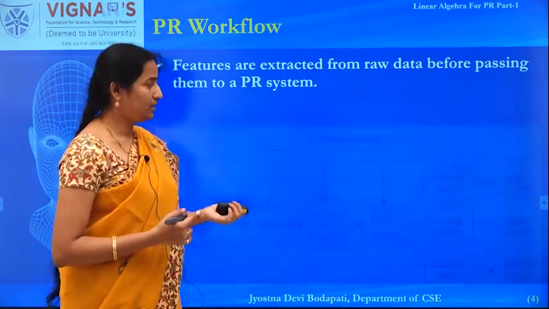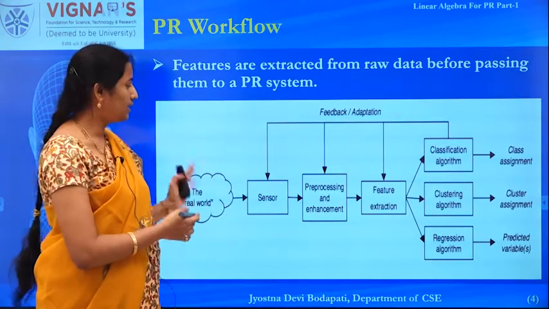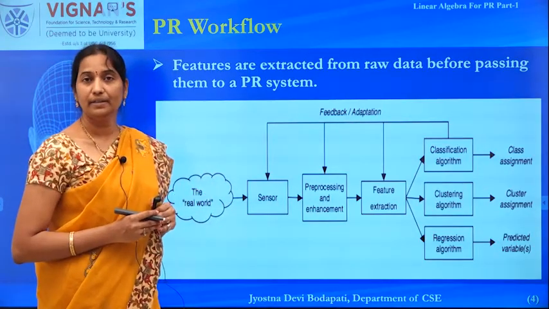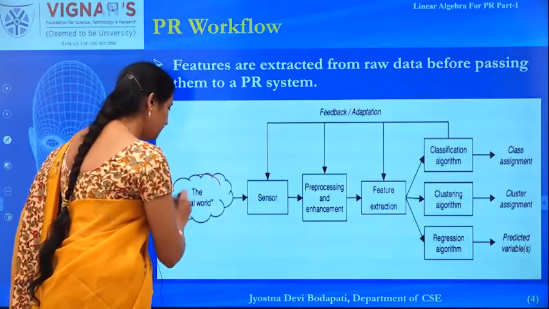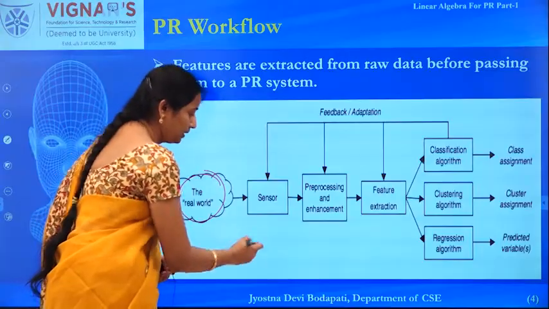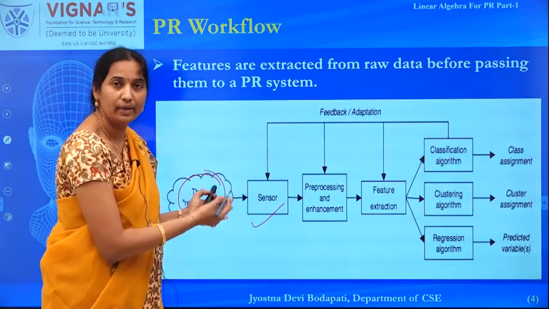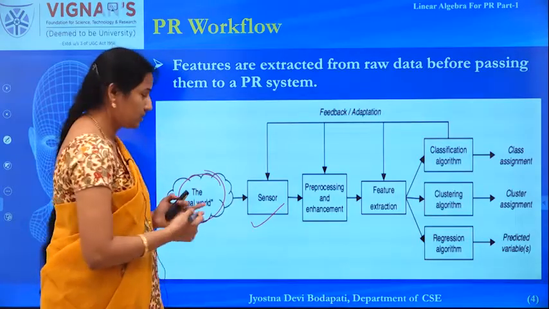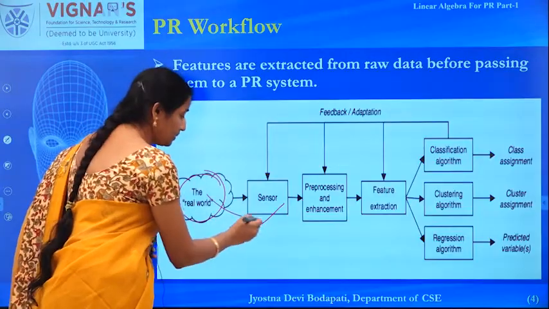If you consider the stages of the pattern recognition system, the typical workflow, initially from the real world you need to get the data. You can use sensors, cameras, or video recordings, whatever it is. Using some techniques, you collect the data from the real world.